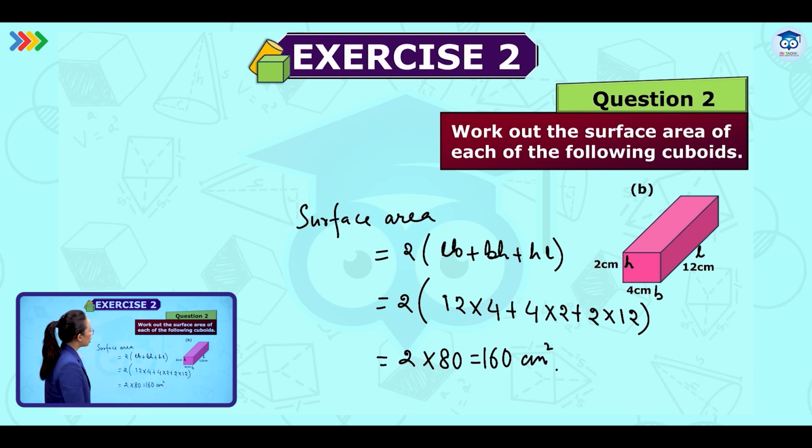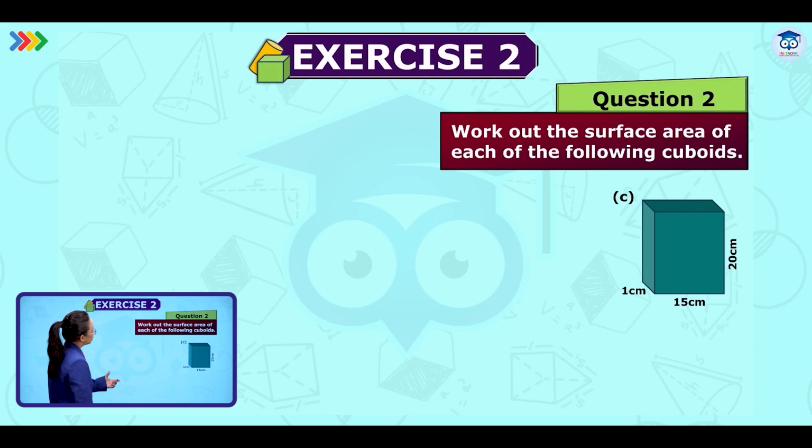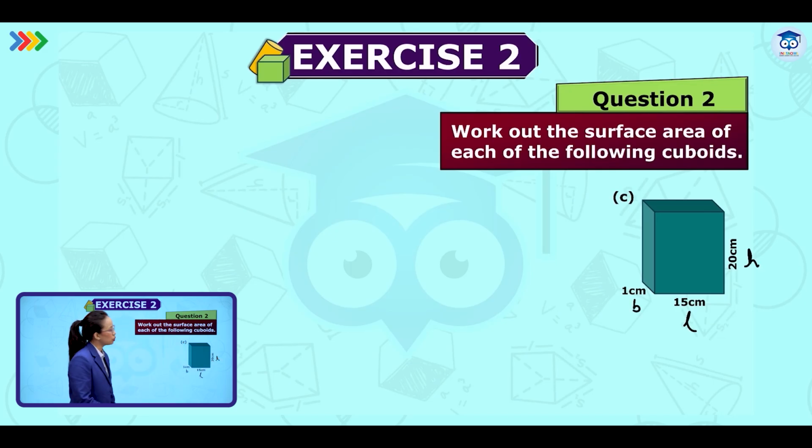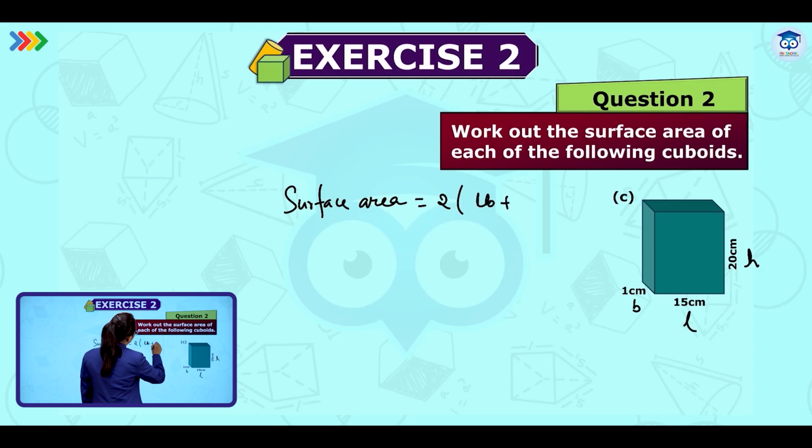Okay. So next we have this cuboid again. So now we have the length is this, okay, breadth is this, and then height is this. As I told you, how you keep the cuboid, you can decide your length and breadth, okay? So surface area is equal to 2 times of length, breadth, breadth, height and height, length.